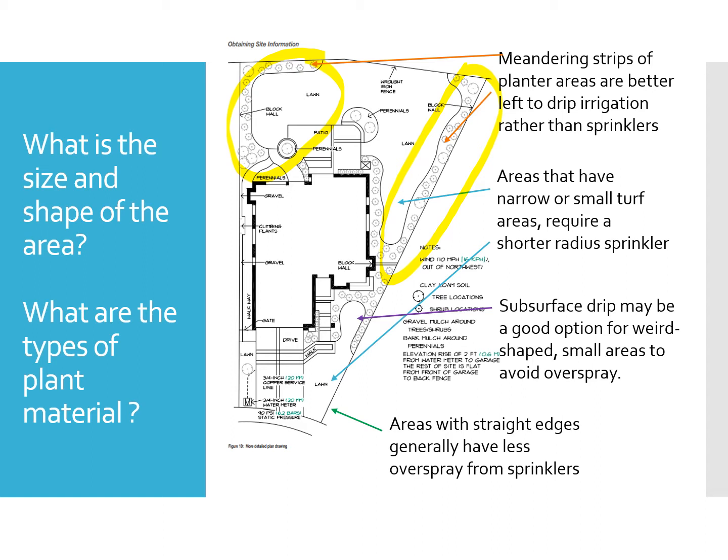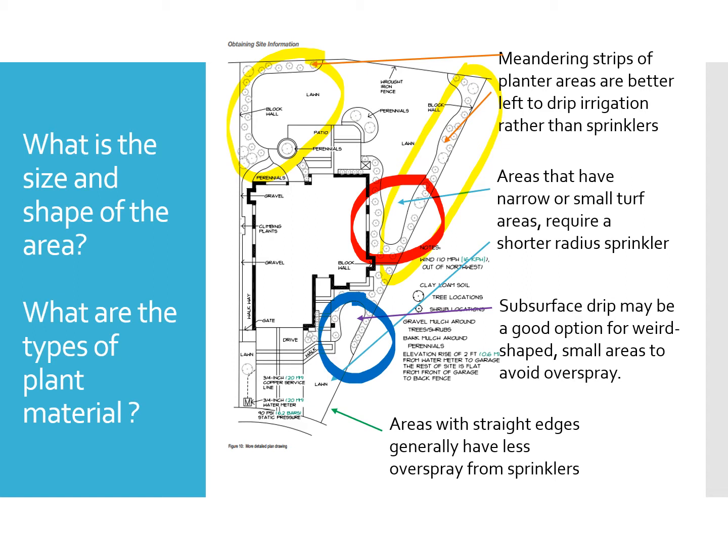Then also we have these narrow or small turf areas that are going to require shorter radius sprinkler heads. You won't be able to use a large radius sprinkler head in that area, or you'll have excessive overspray. Then sometimes you have just a really weird, funky shape that you might consider using subsurface strip for, to avoid any overspray there.